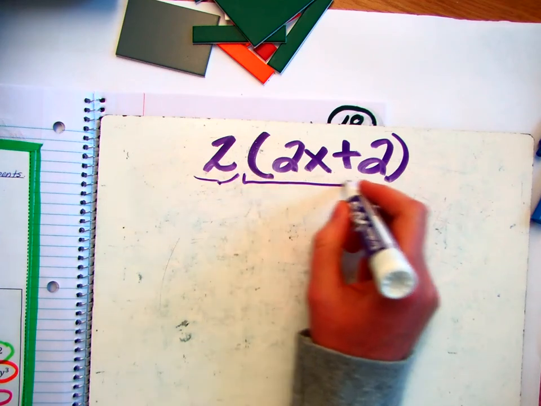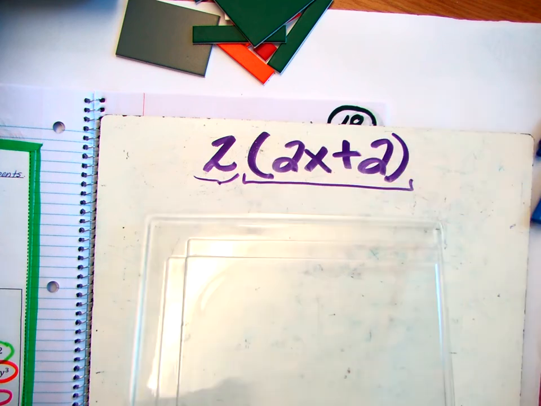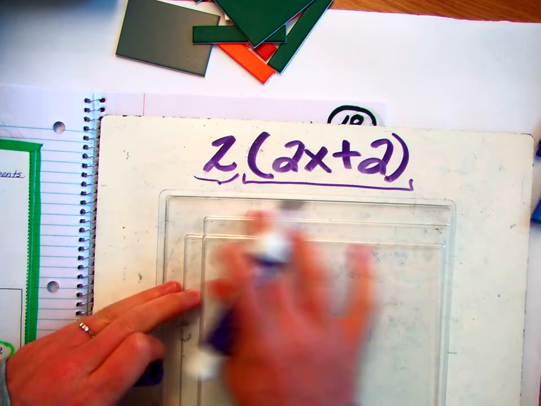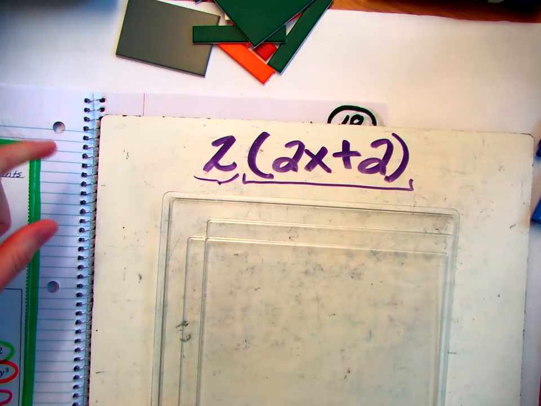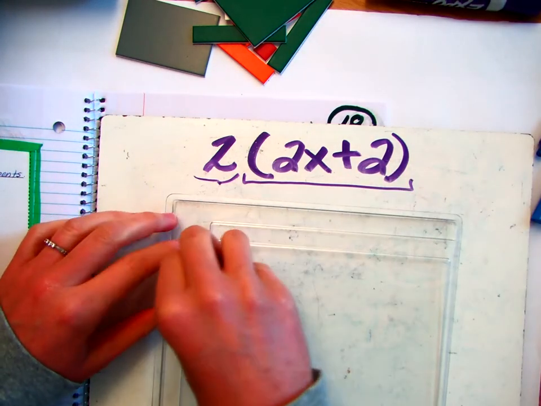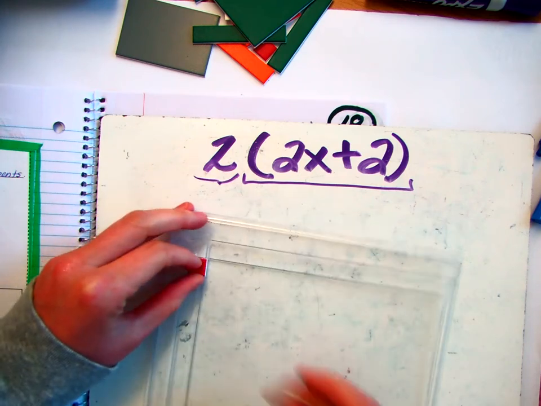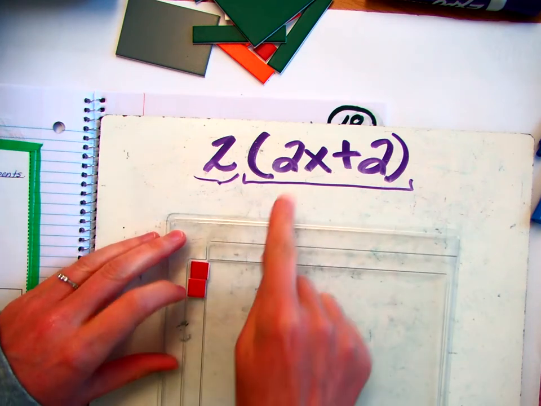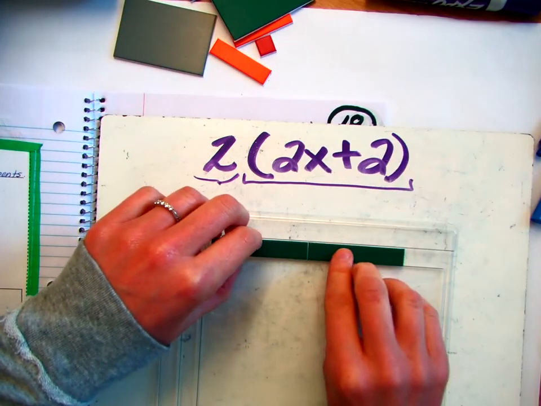This whole thing is a factor. So when I use the algebra tiles, one factor is going to go on the left and one factor is going to go on the top side. All right, on the left is going to be the 2. Up here, 2x plus 2. That means I have 2 of these.